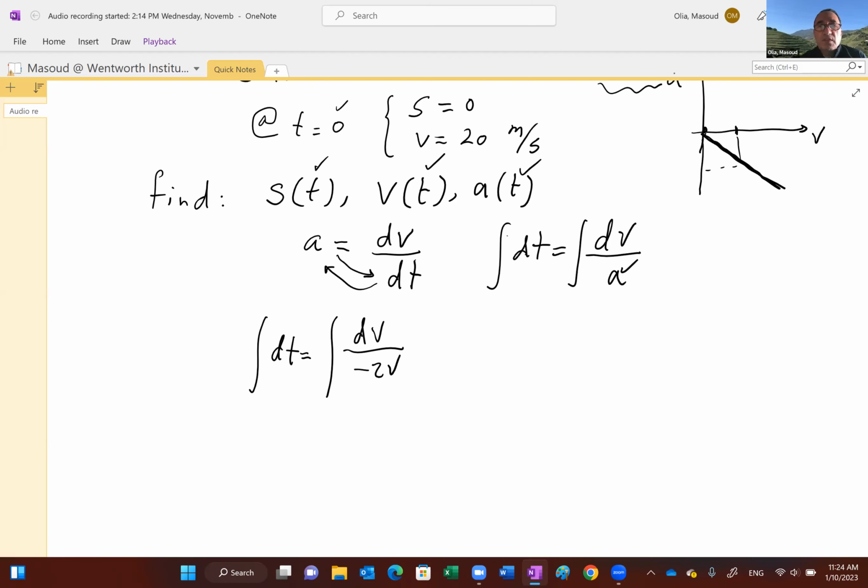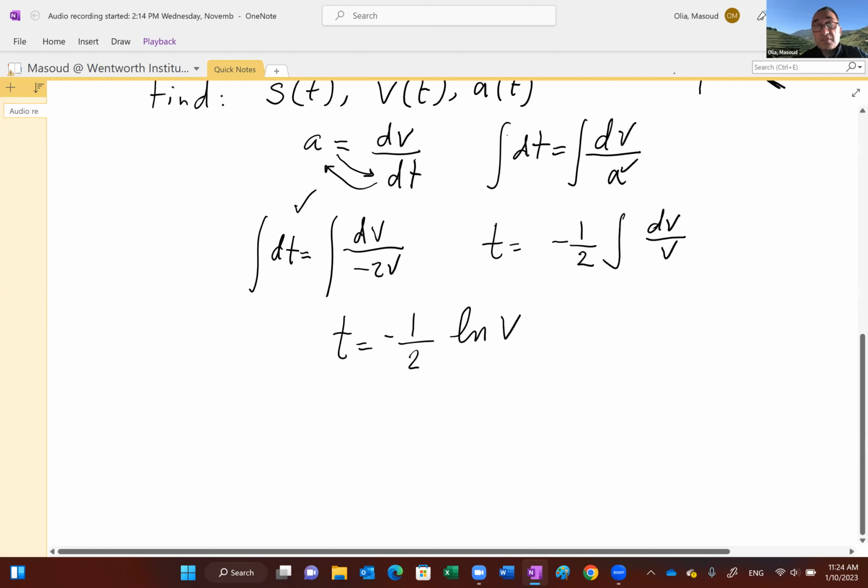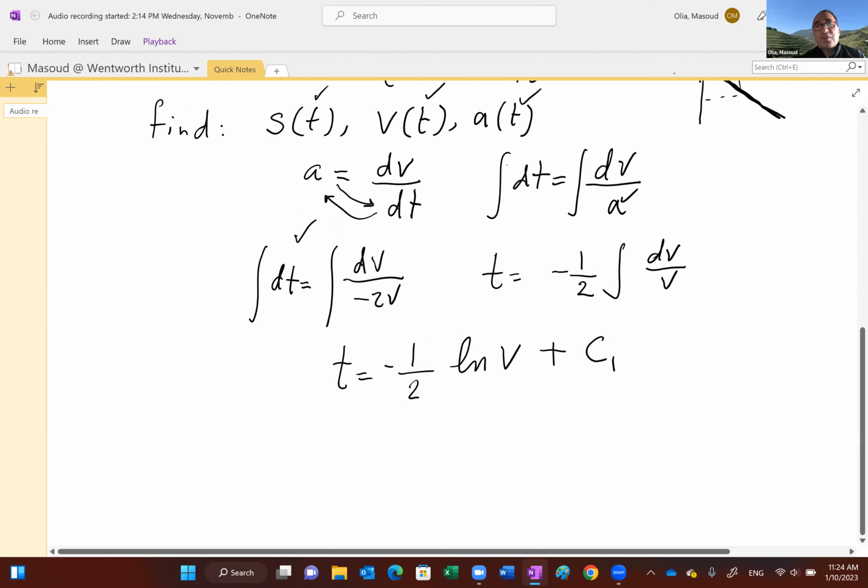So the integral of dt becomes t. I can write this as -1/2 dv over v. The integral of dv over v becomes natural log of v, plus a constant of integration. I totally forgot about that.